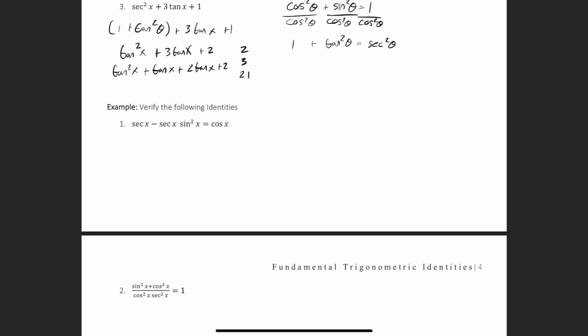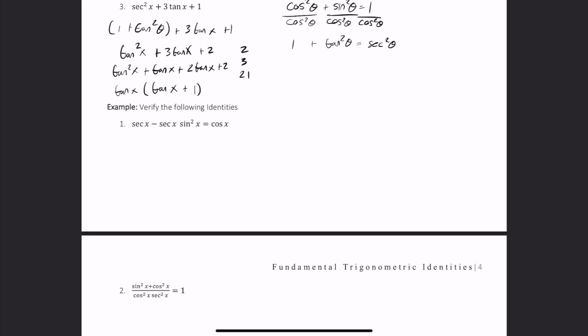Okay, so now we can factor them out by grouping. So factoring out a tangent x, we'll have a tangent x plus 1.